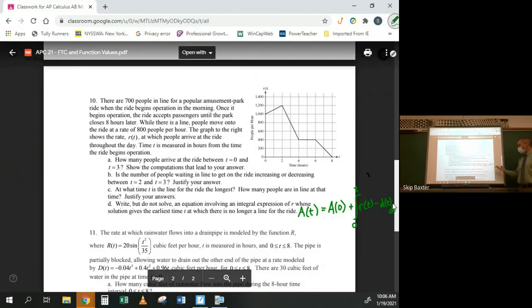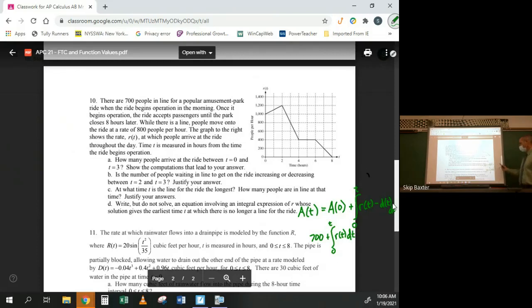So if I want this to be 0, I just need to know what these things are. So this is really 700 plus the integral from 0 to t of r of t. I'm going to separate these into 2 separate integrals. And the rate at which people are departing is 800 people per hour, right?